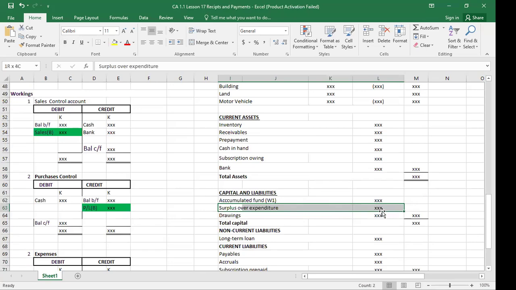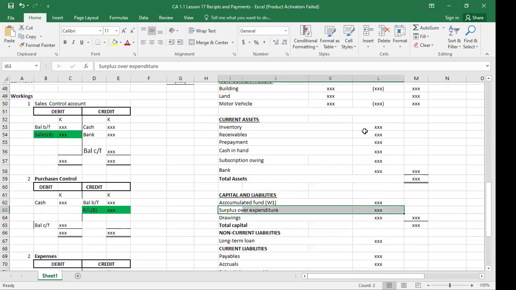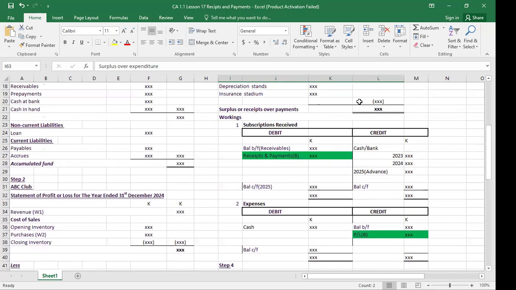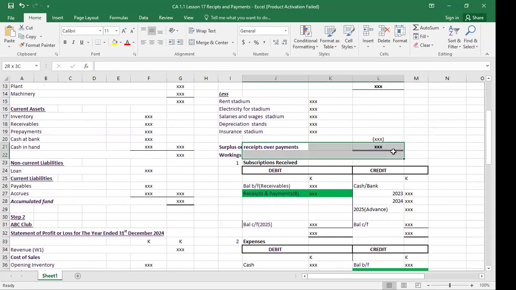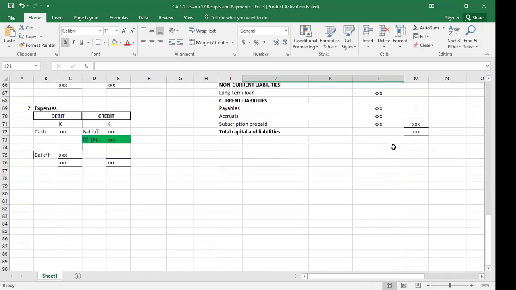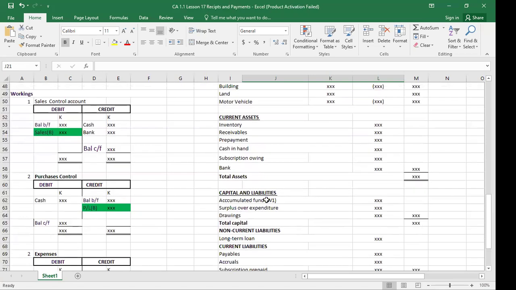The surplus over expenditure we calculated here, that's the amount that we bring here. Then if there are any drawings, of course the drawings are supposed to be deducted.